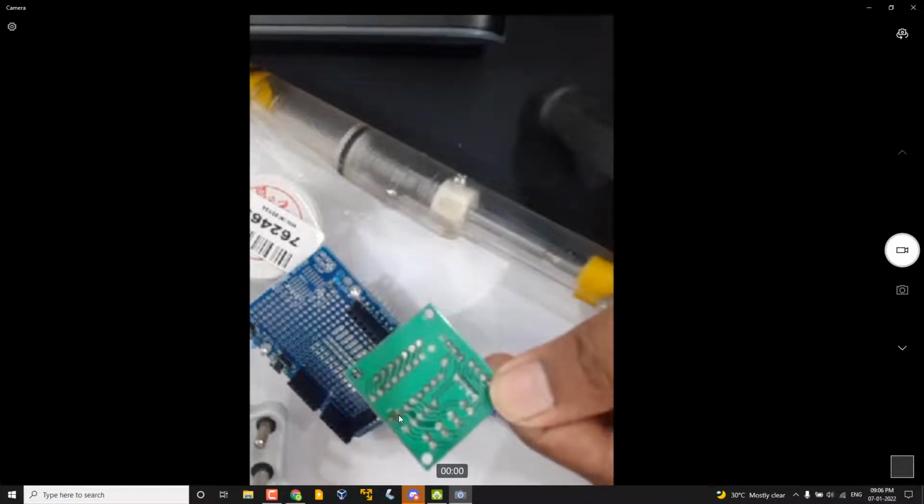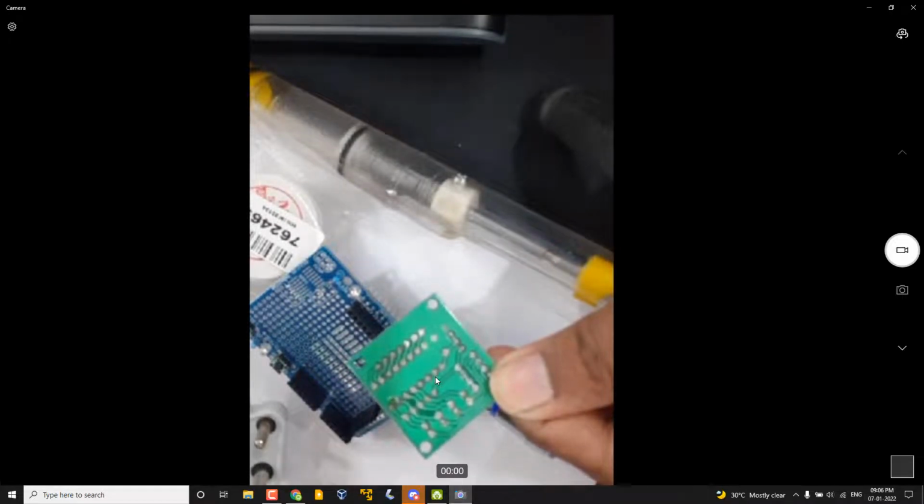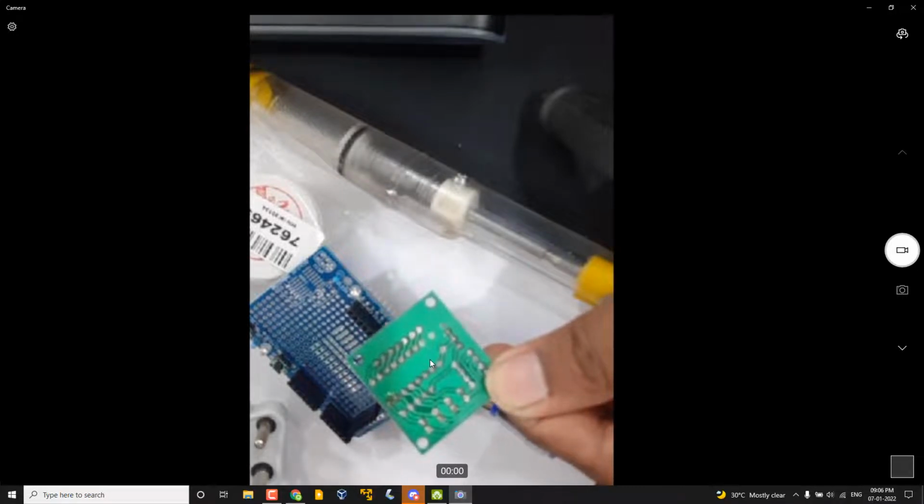To solder means connecting the terminals of the components to the PCB. This green color is basically copper. It's conducting, like a wire.